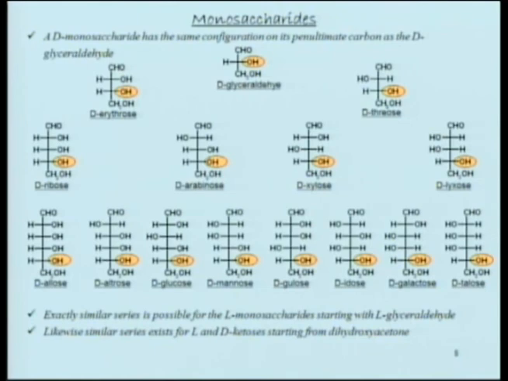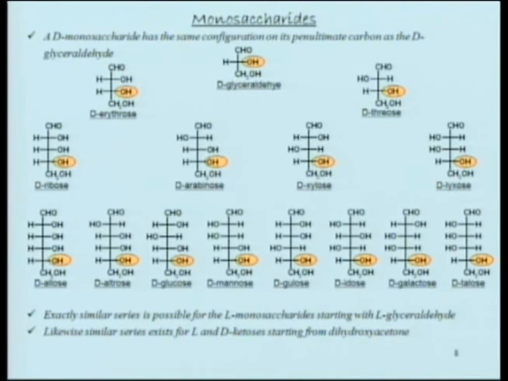So when you add another carbon, typically you add a carbon in between the aldehyde and this particular carbon. And you end up with two molecules. If you add this particular carbon, the OH can be on the right or the OH can be on the left. So this is D-erythrose, this is D-threose.